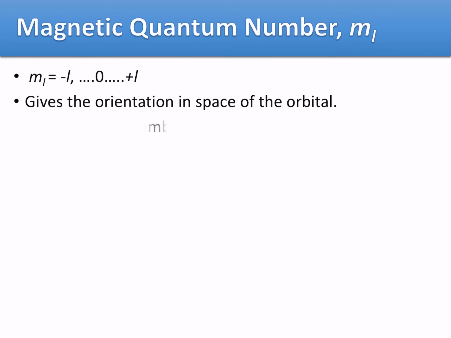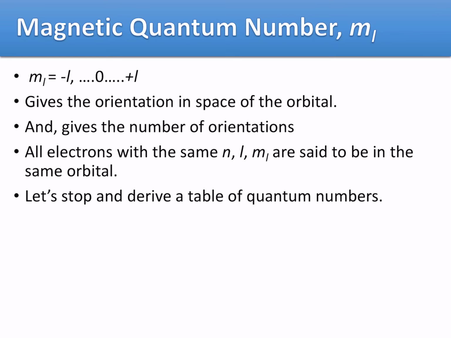Now the magnetic quantum number, remember, we have the principal giving you the energy level, then you have the angular momentum quantum number giving you the sublevel of energy. Now the magnetic quantum number gives information about the orientation of that particular orbital. The values of ml go from minus L, going through 0, all the way to plus L. That means if you have L equal 1, then ml can be minus 1, 0, and plus 1.